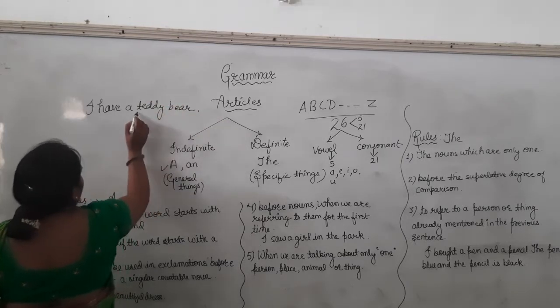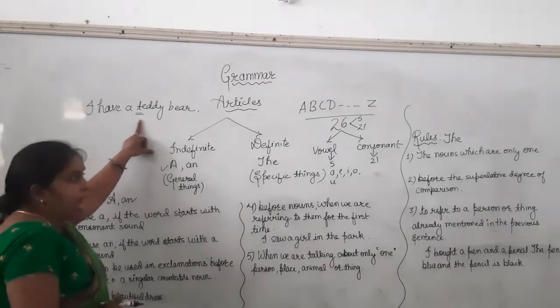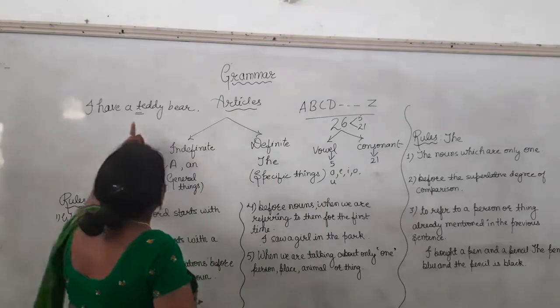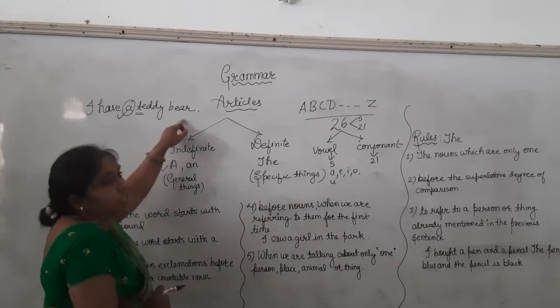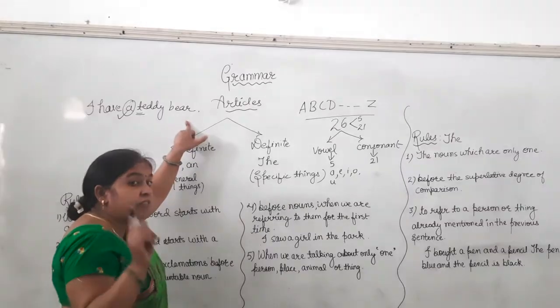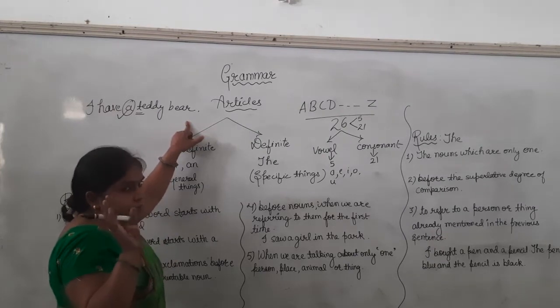Here the first alphabet of teddy is T, and T is a consonant. So that's why before this word, a will come. I have a teddy bear. This is the first rule.